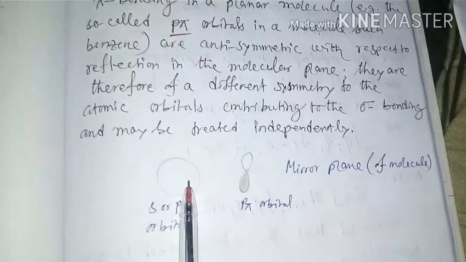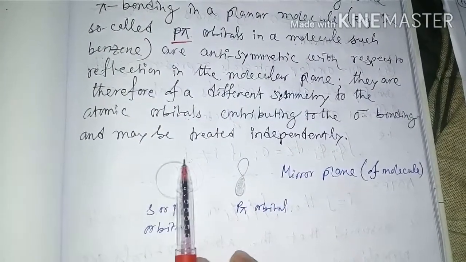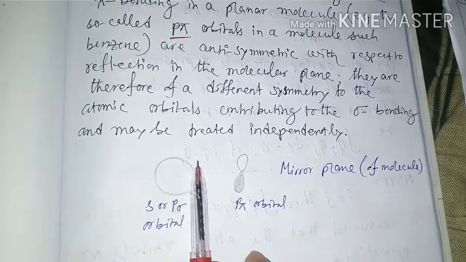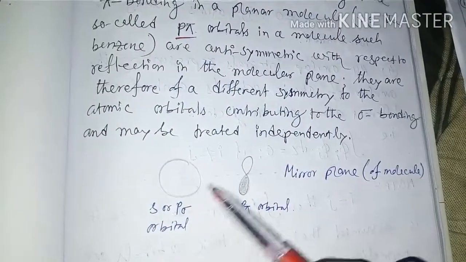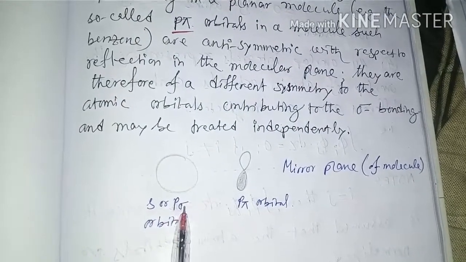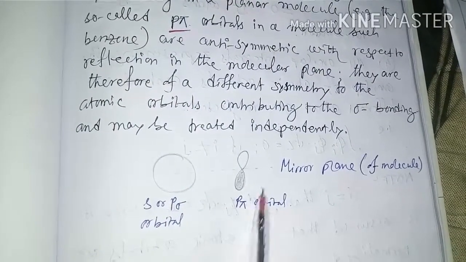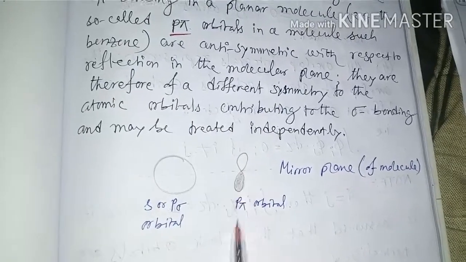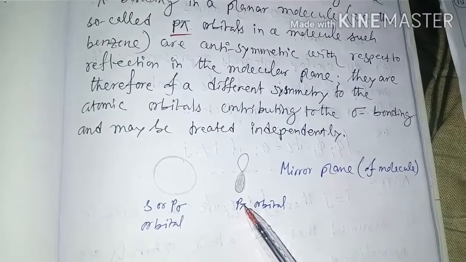Suppose this is an s orbital, or p sigma, and this one is a p pi orbital. There are three p orbitals.